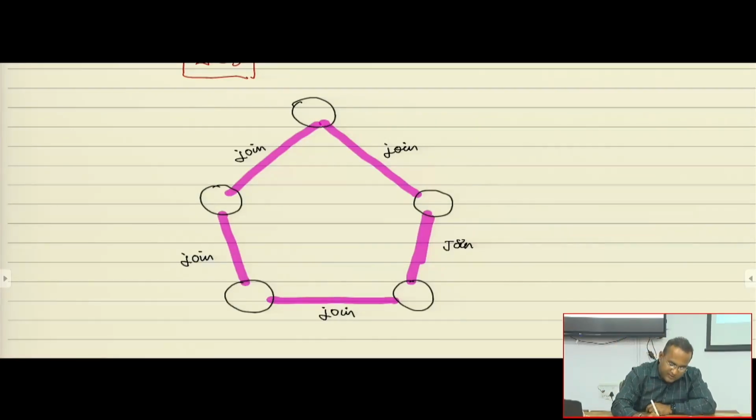Now let us put a triangle everywhere. Okay. So what will be the delta of this graph? Find delta of this graph, omega of this graph, and chi of this graph.